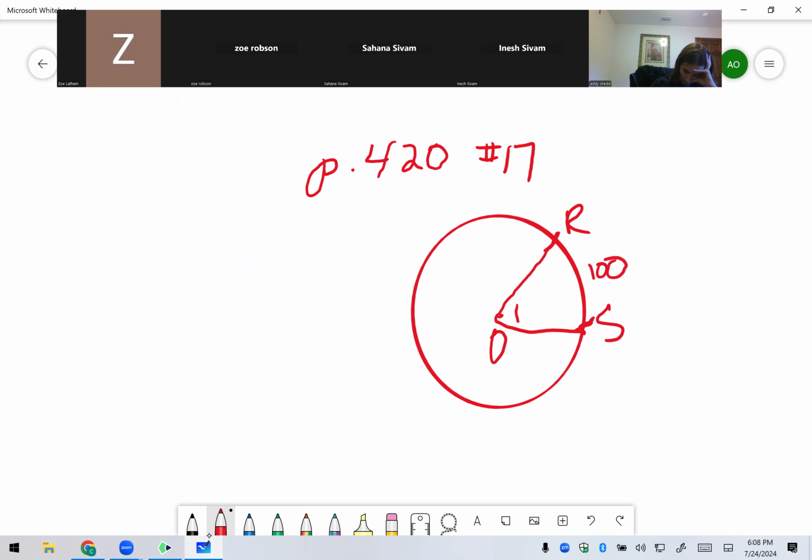So what's the measure of the angle ROS? It also will be 100 degrees. And we did this before. Does anybody remember what the inscribed angle would be? Anybody shout it out? If the central angle is 100, this guy's smaller. Half. What? 50.